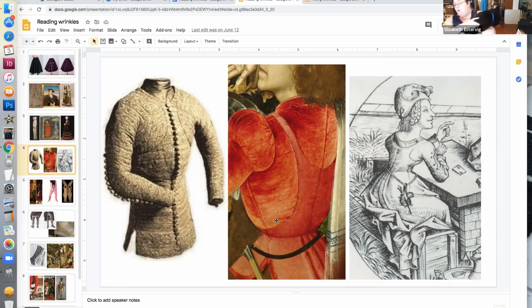Or if you didn't back it with something that was stiffer, although you might get this anyway, just because the bias will want to droop a bit. So I think that's fascinating that you can actually see where the straight of grain is.